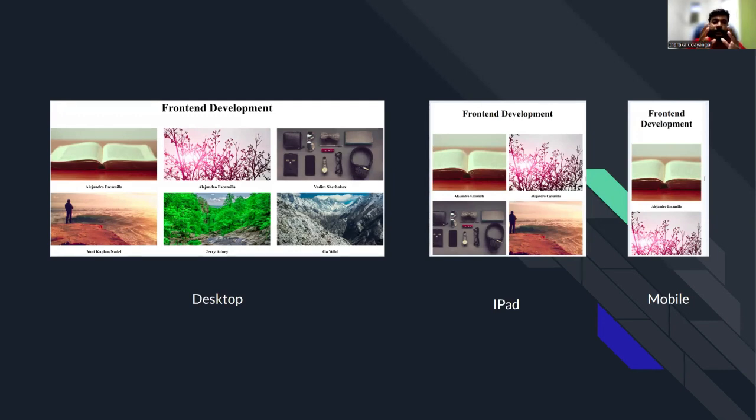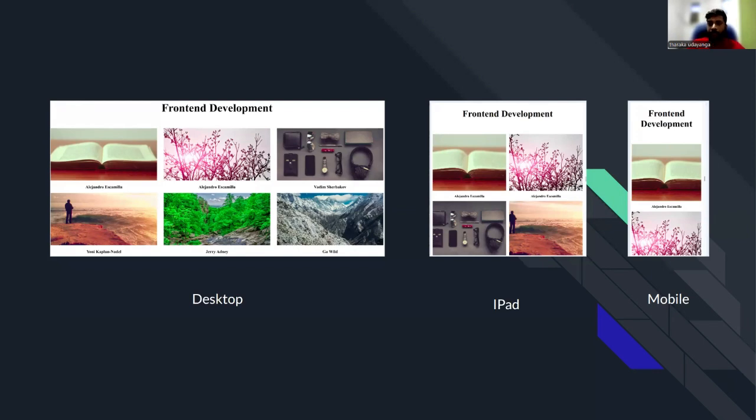Here we will get some data, post images and titles, from an external public API. We will get that data from an API call and display it like this, with different structures or views for different screens.